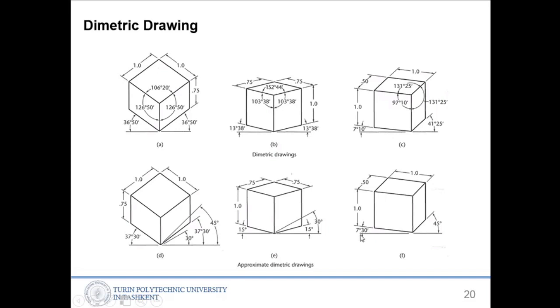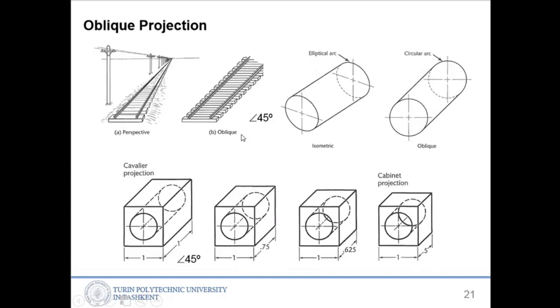Here the oblique projection is shown, compared with perspective projection. On the left hand side here you can see the train road, the train path, in A perspective projection, and in B oblique projection.